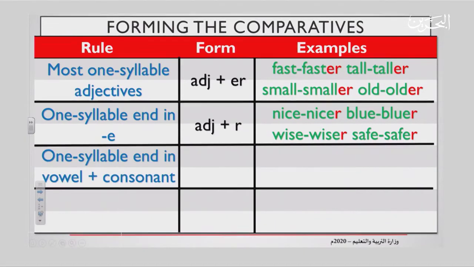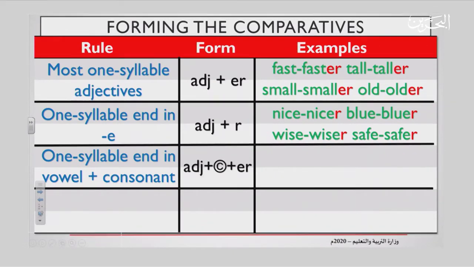We have one syllable that ends in a vowel. Do you remember the vowels? They are A, E, I, O, U. So, if the one-syllable adjective has a vowel, then a consonant, which is the rest of the letters, what do you do?